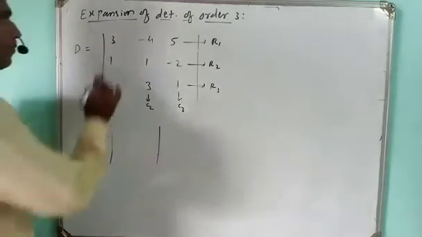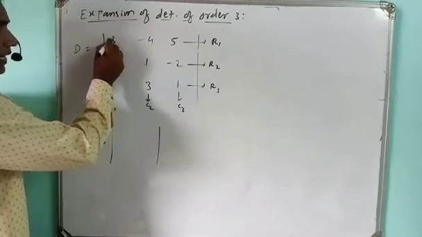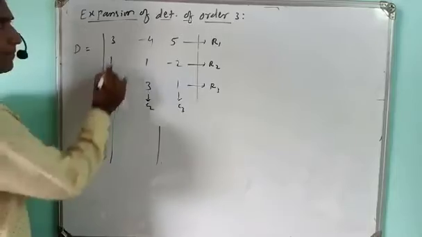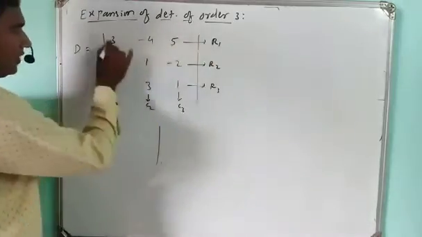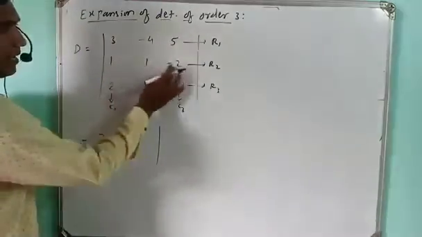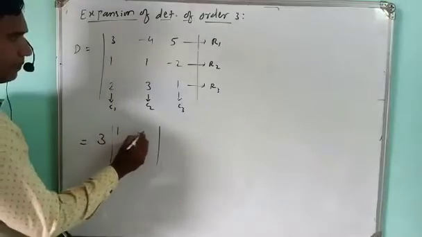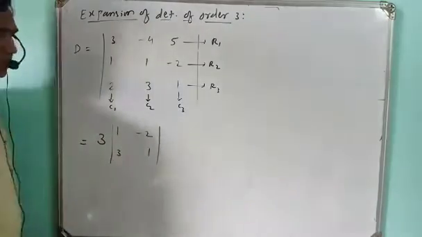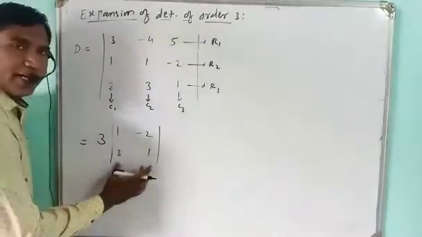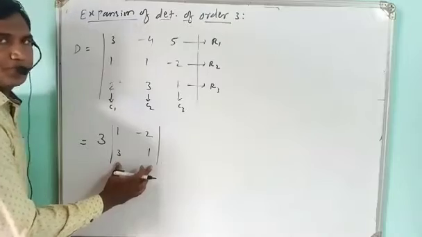On your first column, first row, eliminating, and write the remaining elements: 1 minus 2, 3 1. Now it becomes a determinant of order 2.